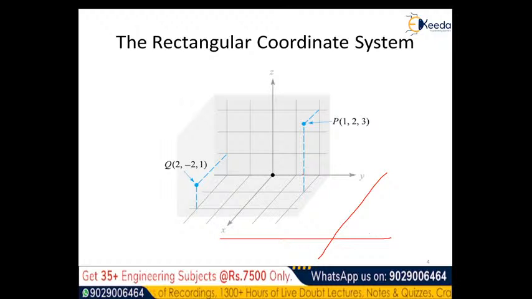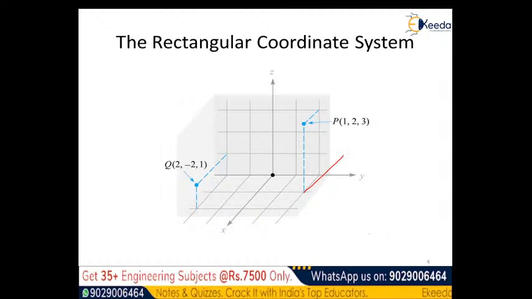While we drop a perpendicular on this plane, here is the point of intersection, and from this point if we draw a line parallel to the x-axis which will intersect the y-axis, and a line parallel to the y-axis which will intersect the x-axis, you will get these two markings on the x and y axes correspondingly.